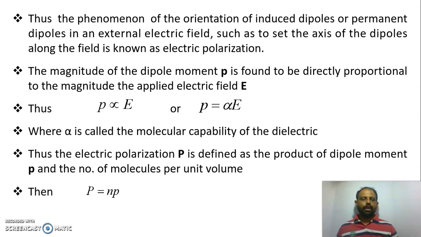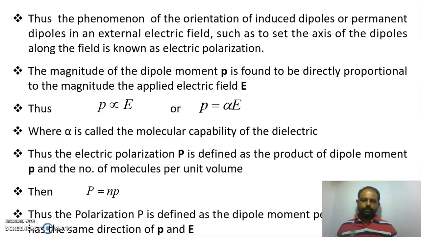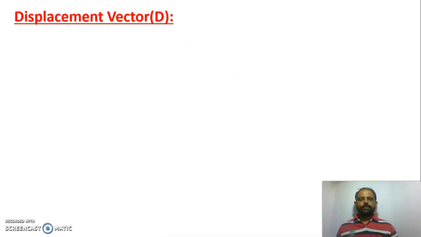So the polarization P is defined as the dipole moment per unit volume. P and E have the same direction, where small p is the dipole moment and E is the electric field. Therefore the electric polarization, electric dipole moment, and the electric field, these three are in the same direction.